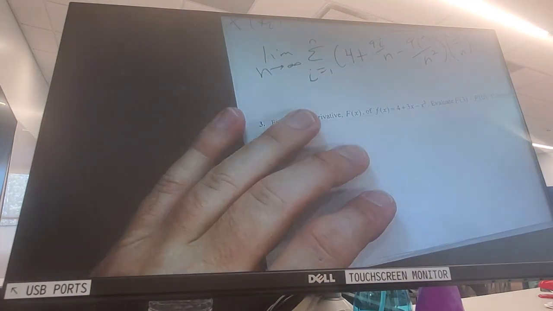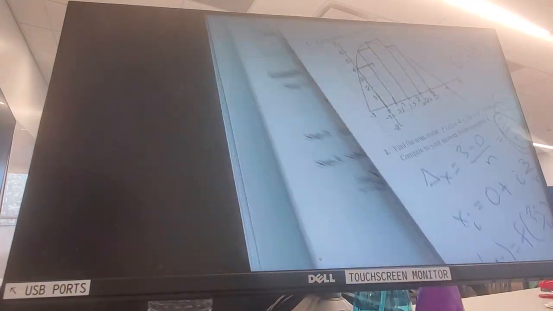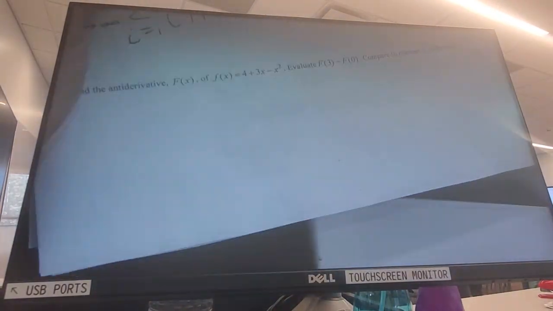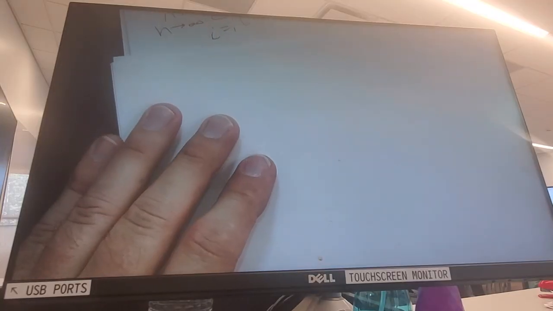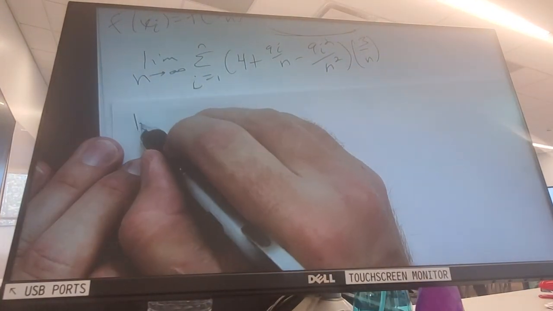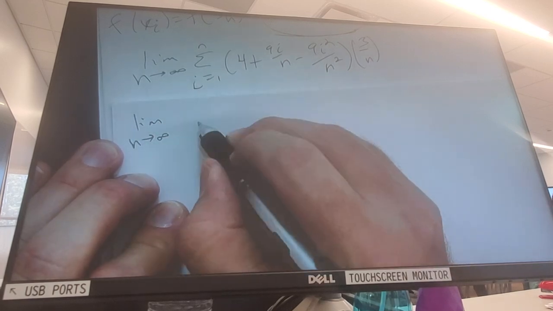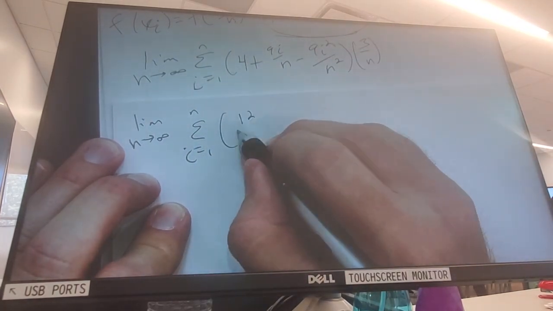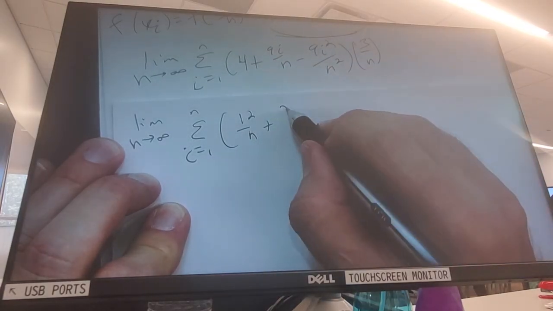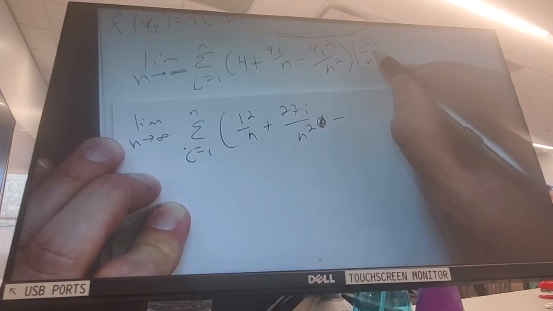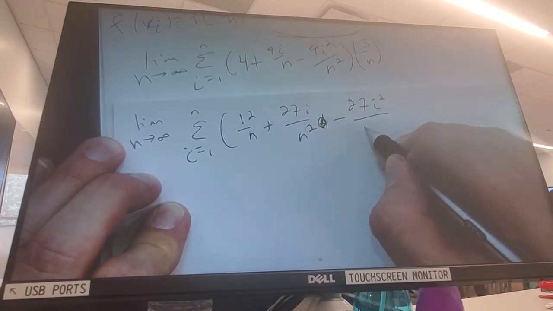All right, so then we get 12 over n plus 27i over n squared, not plus, minus 27i squared over n cubed.